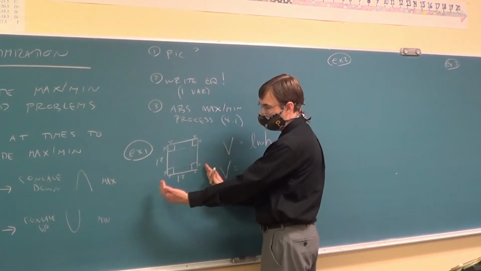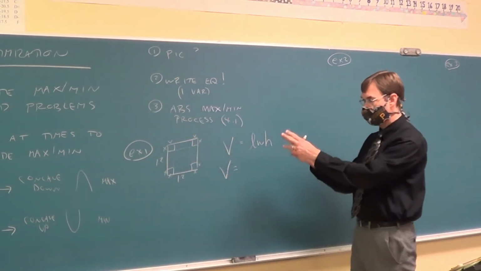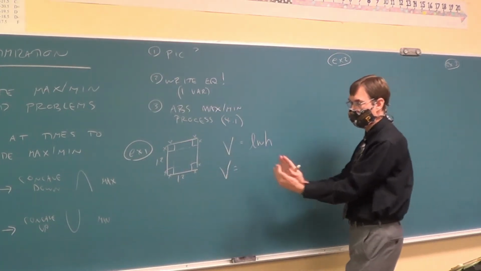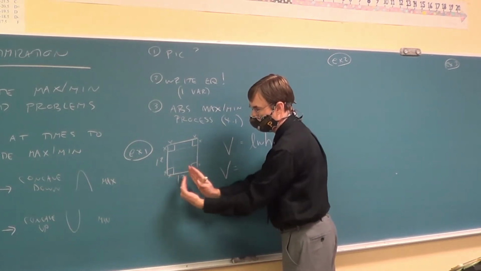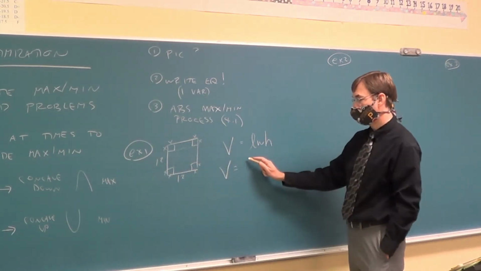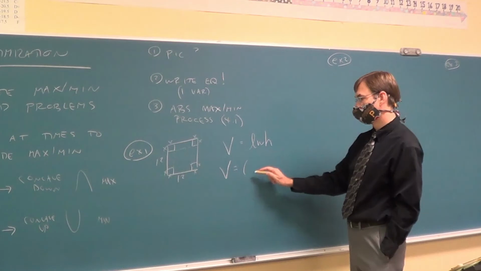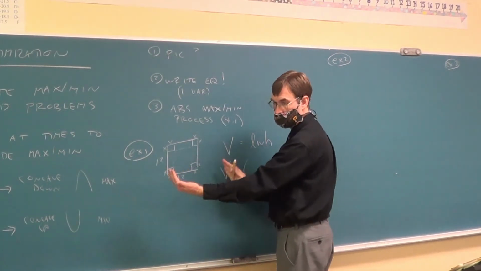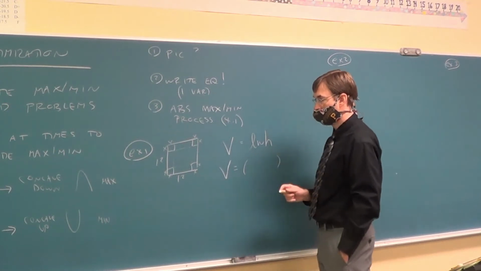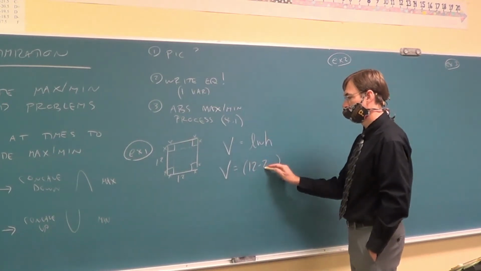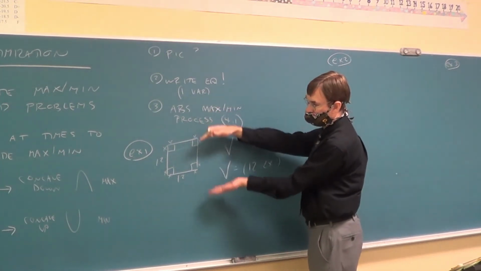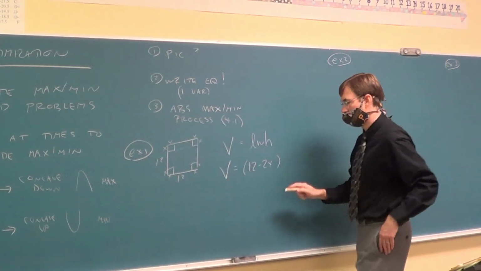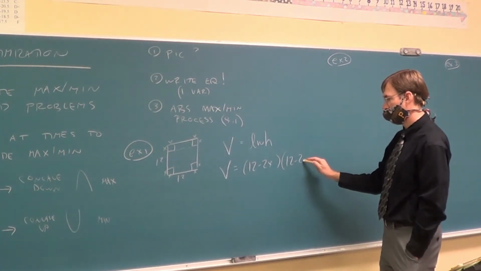So let's look back to our picture. How long is this box now that we cut out stuff and folded it? What's this dimension of the box? How wide would the boxy part of the box be? 12 minus 2x. How much would the box be this way? Also 12 minus 2x.